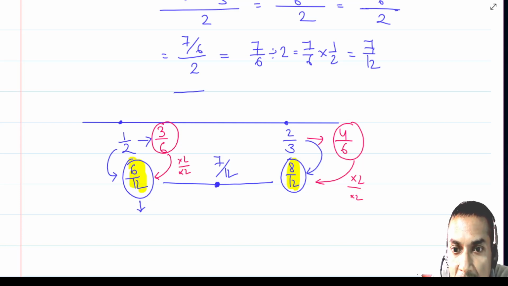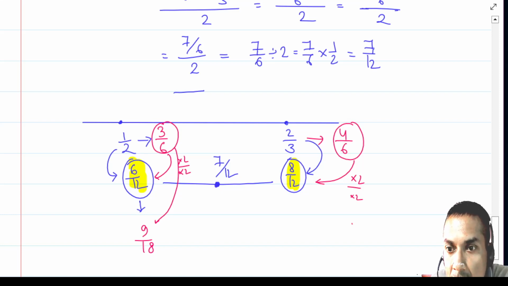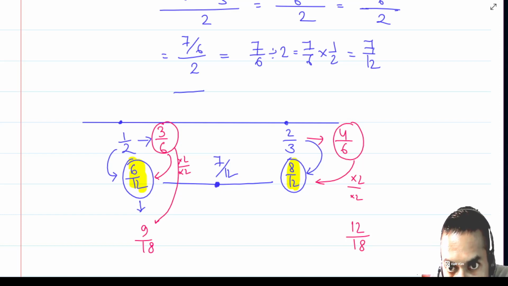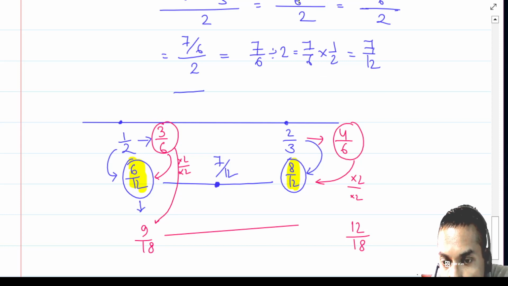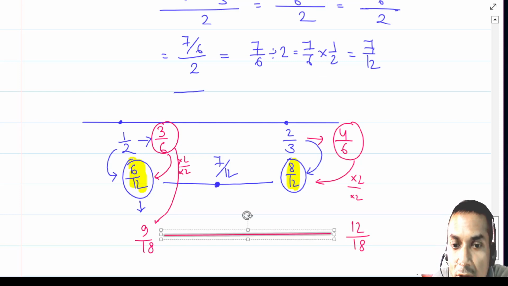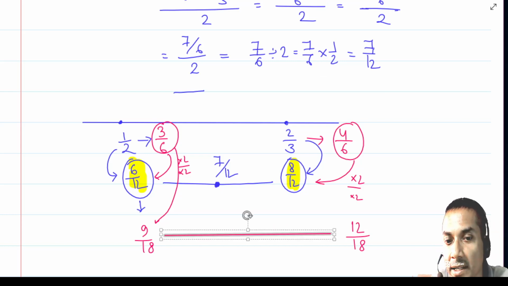Now if we multiply by 3, what will happen? We get 9/18 and 12/18. Now you got more space to find further rational numbers in between 9/18 and 12/18. Why?